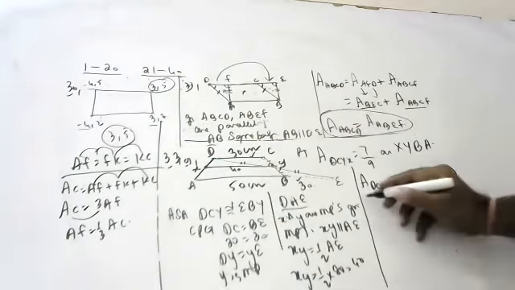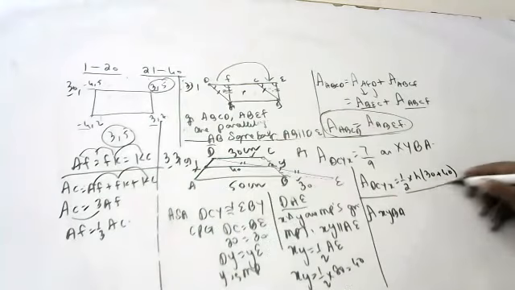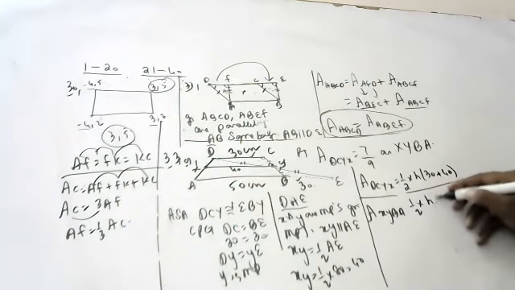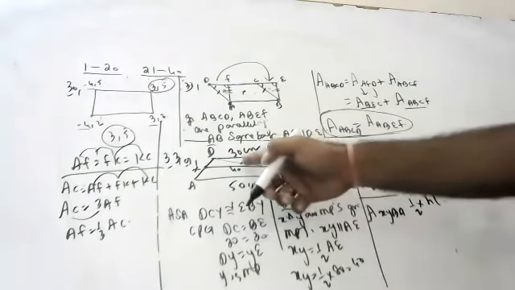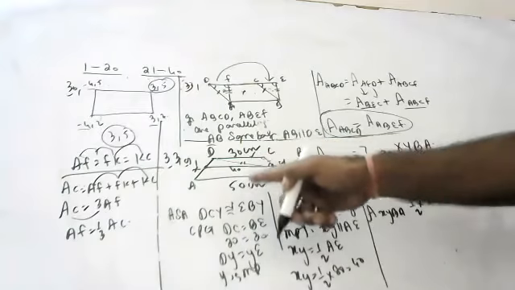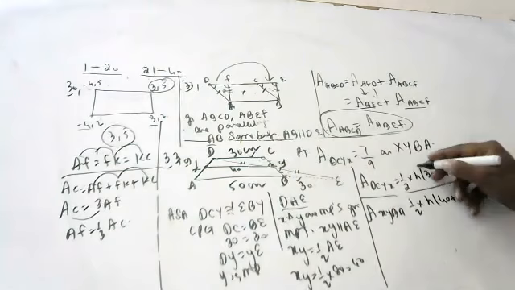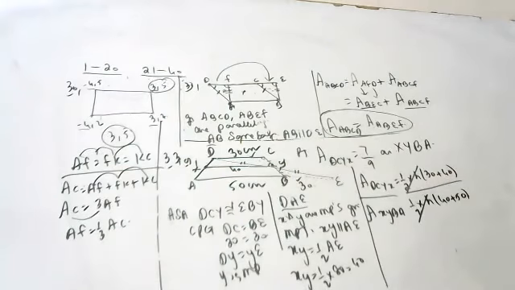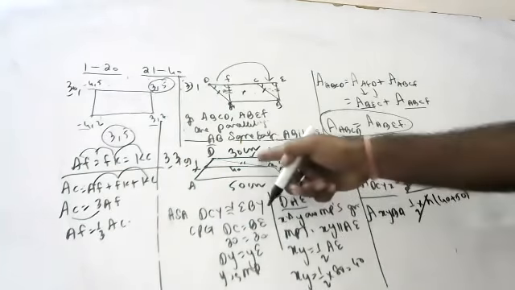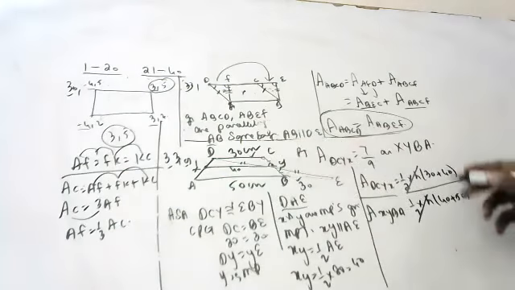Now area of XYBA is equal to half into h into 40 plus how much, children? 50. Very good. 40 plus 50. Half h cancels, children, because they are congruent triangles. Congruent triangles will have equal height.